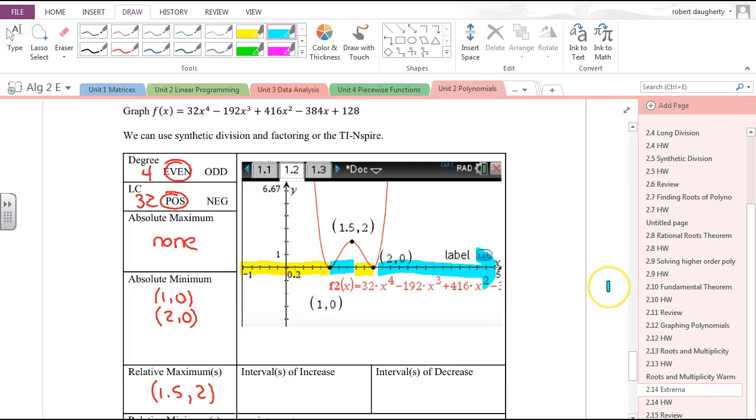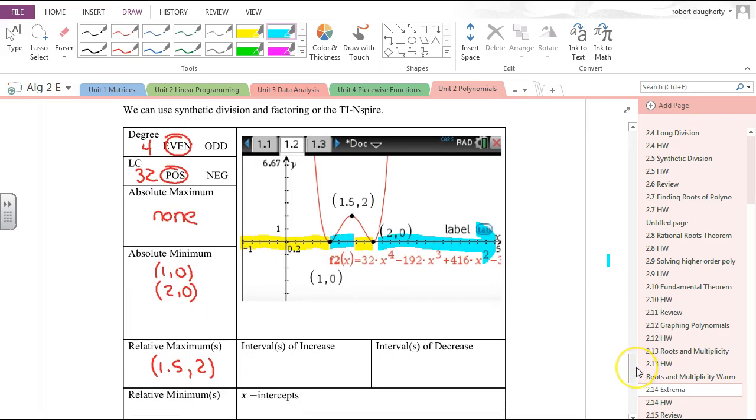So these intervals are using which axis? X, not Y. So this first interval of decrease is what? Yeah, negative infinity up to 1, okay? And then what happens after I get to 1? What do I start doing? I increase from 1 to what?